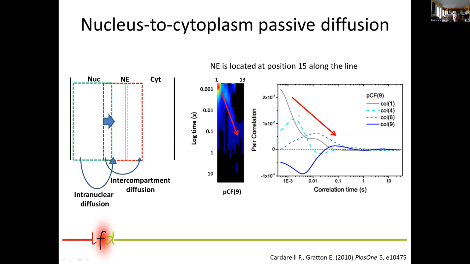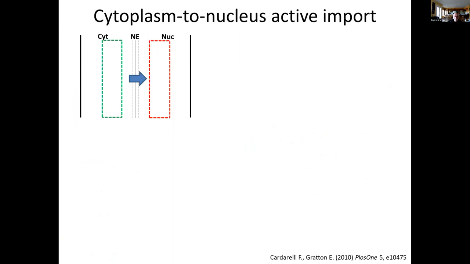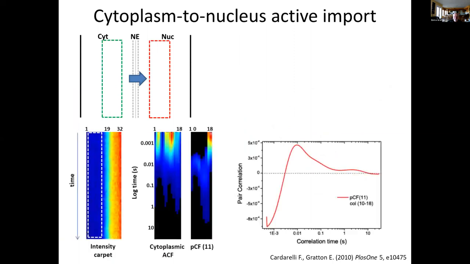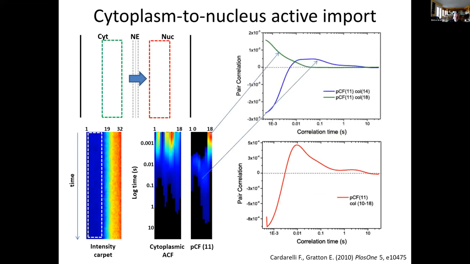This means that the correlation function due to shuttling is much faster than the other one. And here is the evidence of that. You can see that this is no longer 150 milliseconds, but about 3-4 milliseconds, as you can see from this part. Notice that initially it's negative, because if the particle is on one side, it cannot be on the other side. That proves that we are measuring the same particle.